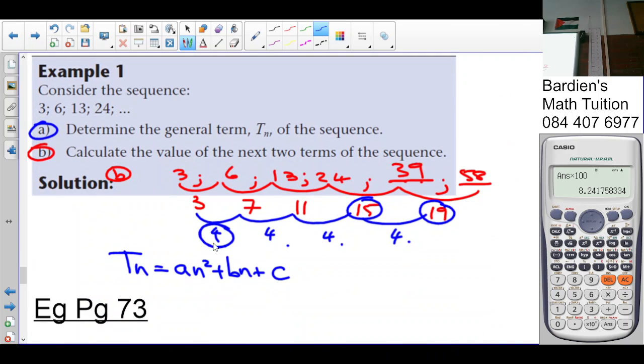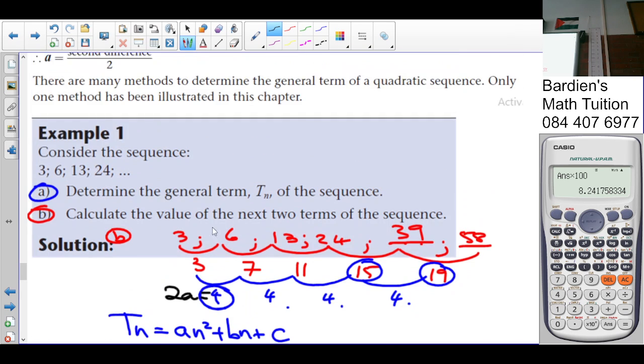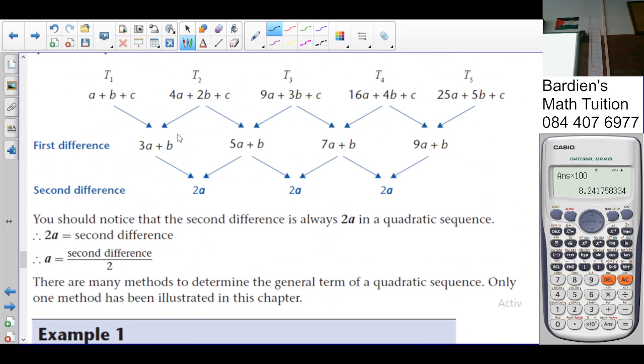So what I do is I write on the side, and this is what I'm going to write on the side all the time if it's quadratic, only when it's quadratic: this is equal to 2a. Now let's go and investigate what is on 3's place. Let's go back and see what's on 3's place.